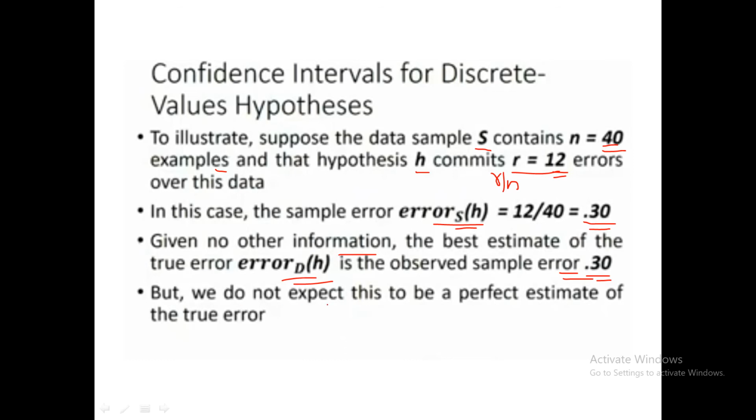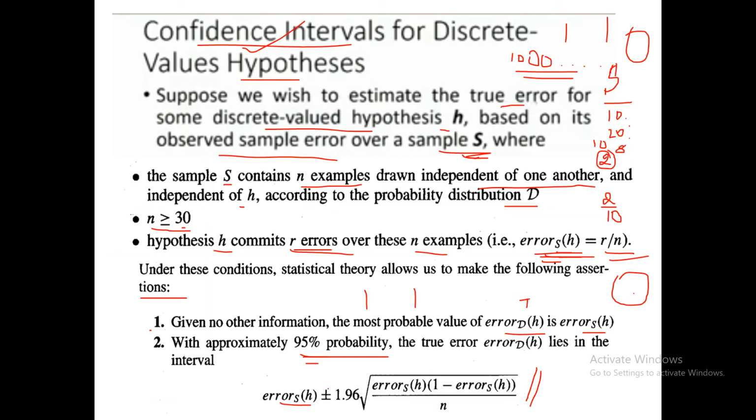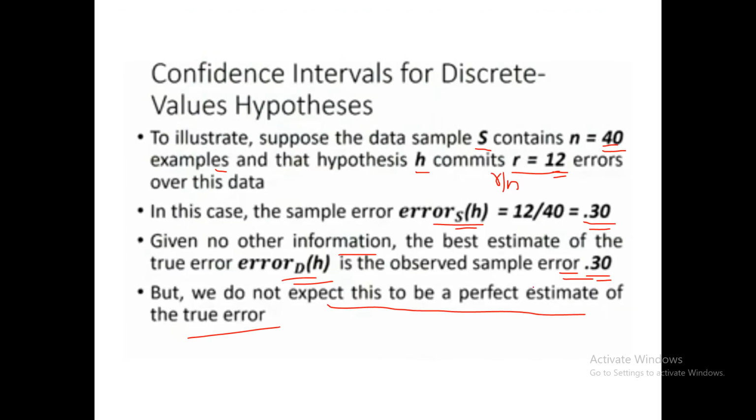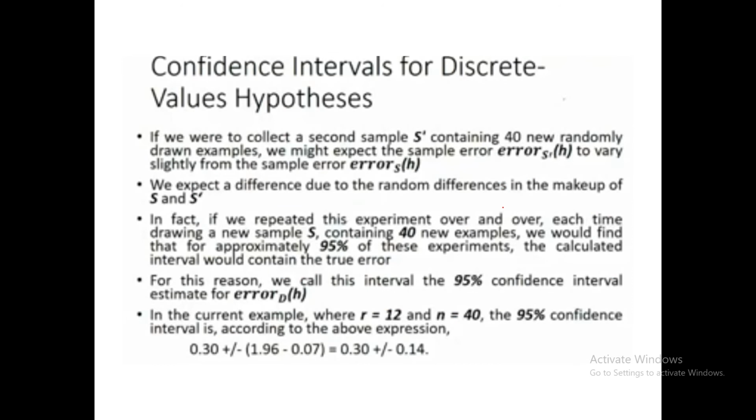But we don't expect this to be a perfect estimation of the true error. So it is not a perfect estimator. That means when you say the true error, it also is not the same as this sample error 0.30. There will be some difference. That is why here we are saying plus or minus. It can be more than 0.30 or it can be less. But what is that range? That is the interval we are going to calculate. So now we'll see.